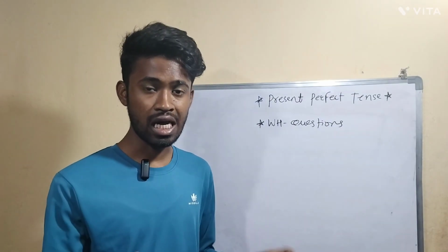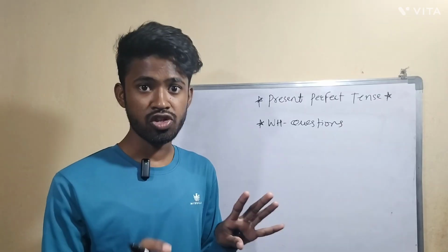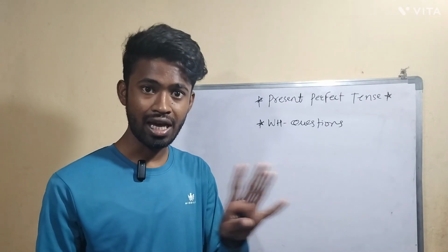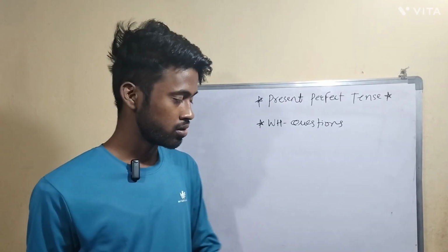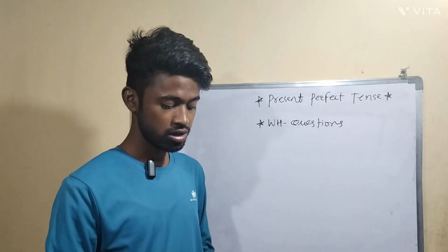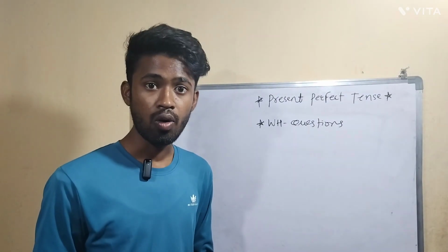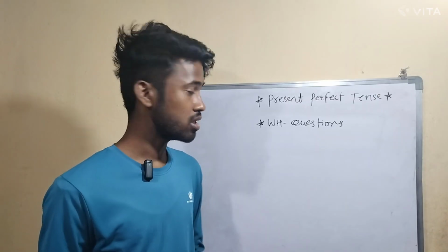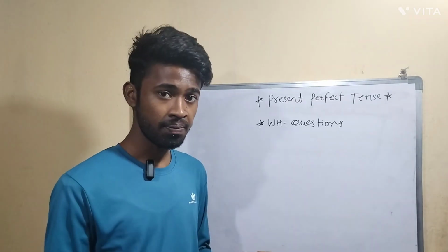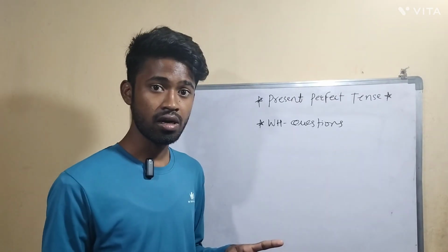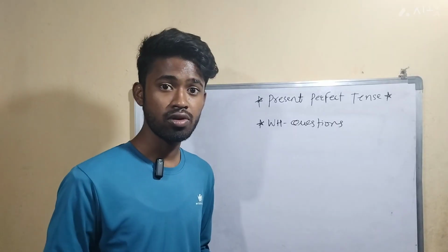It is very simple, right? I have told you what structure it follows. Already I have given some idea to you. So in the WH questions, first will be the WH word like what, how, where, when. These are a few WH words, right? At the starting of the sentence, we use these WH words.